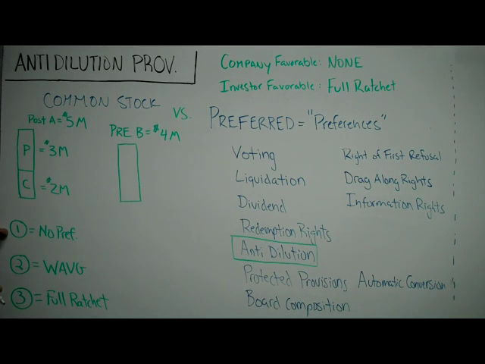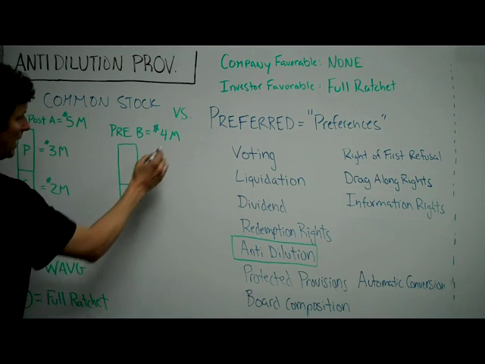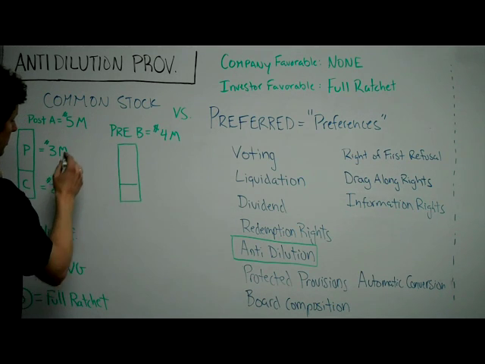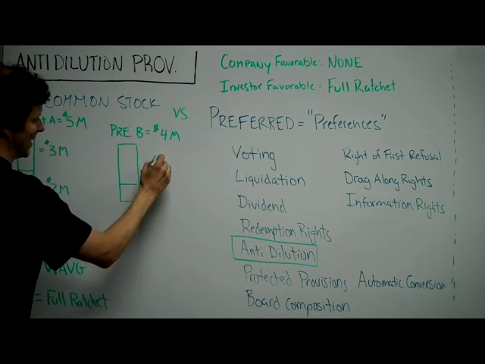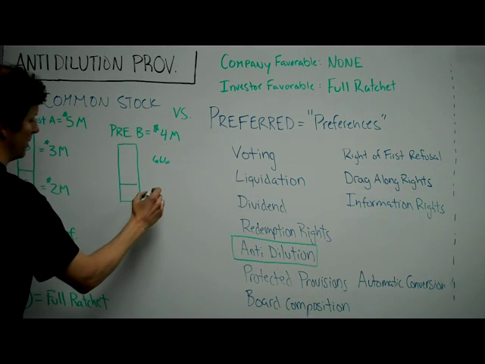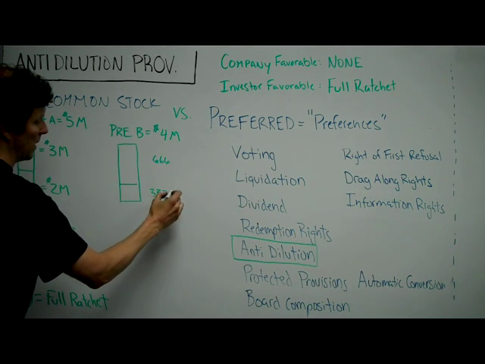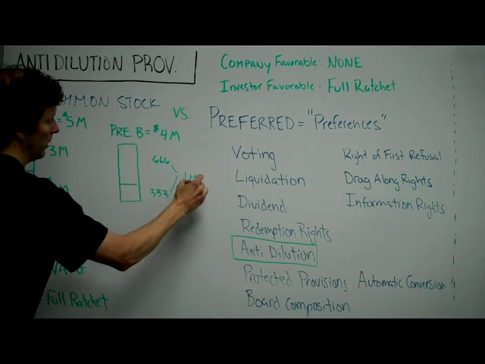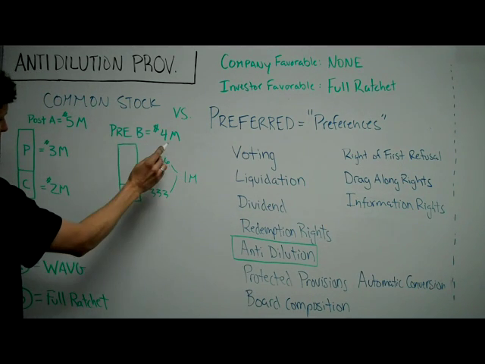So let's say there's no anti-dilution provision, which means these two groups have to share the dilution. Because there's a 3-to-2 ratio, this has to add up to $4 million, of course. Because there's a 3-to-2 ratio, these guys lose $666,000 worth of value. These guys lose $333,000, which adds up to $1 million, because there's $1 million in lost value here.